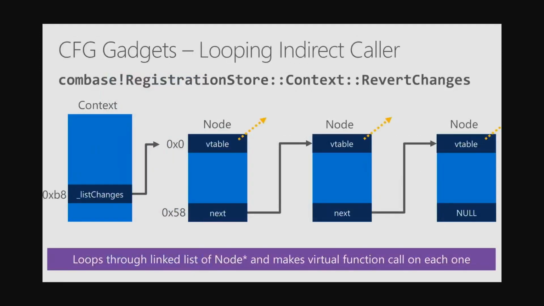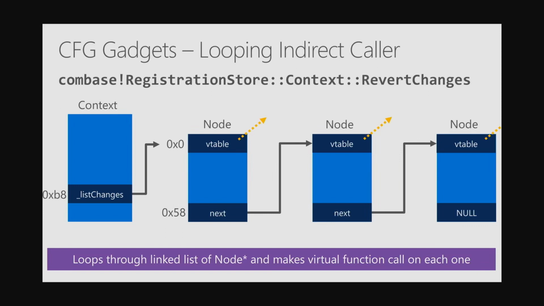The next building block that I found was this cool CFG gadget. I'm just going to refer to it as the looping indirect caller. There's this function, it's called revert changes. It is a valid indirect call target. So if you hijack a function pointer, you can call this function. What this function does is it takes a context structure, it follows a list head field inside of that context structure, and loops through a linked list of these node structures.